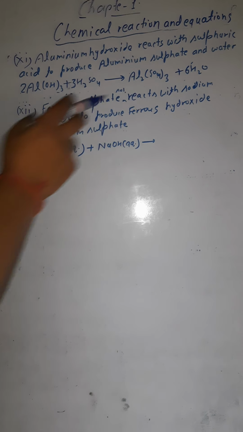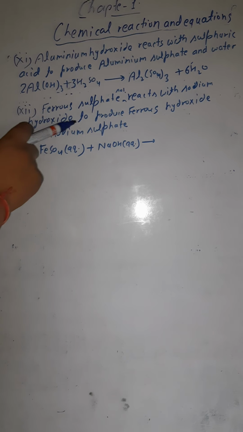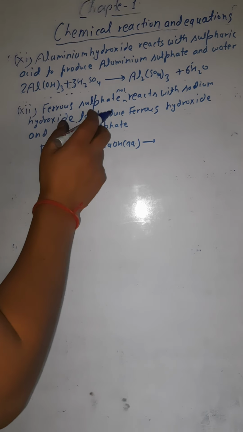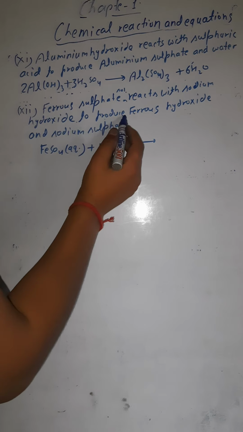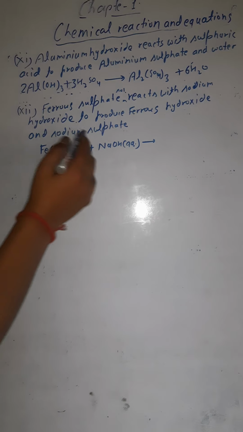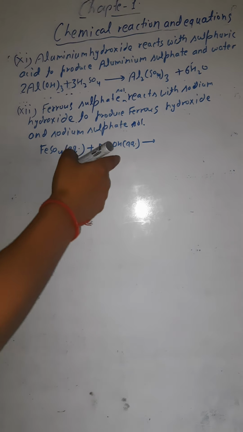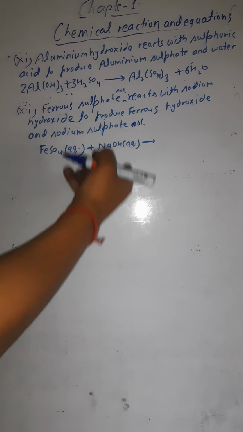Solution reacts with sodium hydroxide solution to produce a precipitate of ferrous hydroxide and sodium sulfate solution. Okay, so this is solution, it will form a precipitate of ferrous hydroxide.